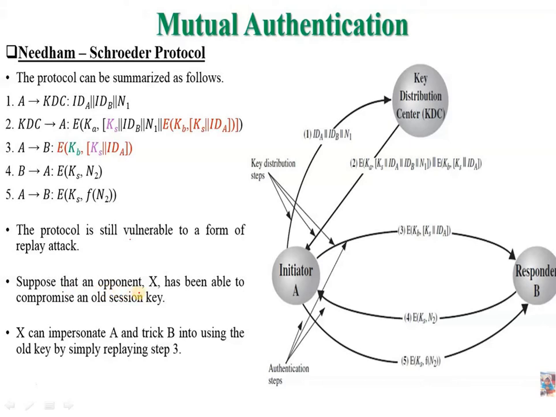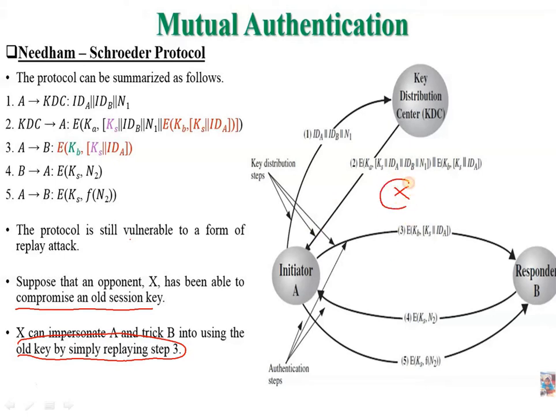Suppose that opponent X has been able to compromise an old session key. X can impersonate A and trick B into using the old key by simply replaying step 3. So there is an opponent X sitting here.